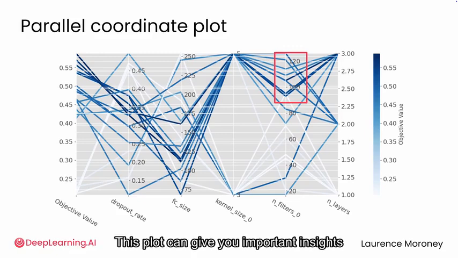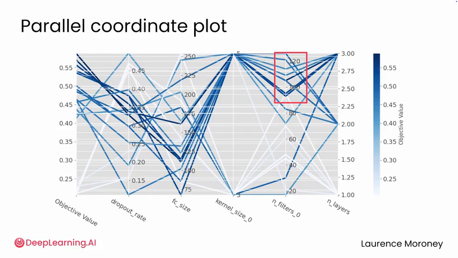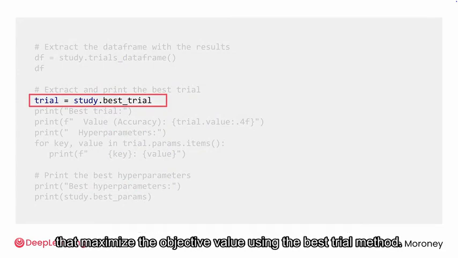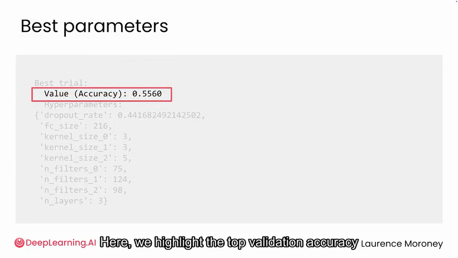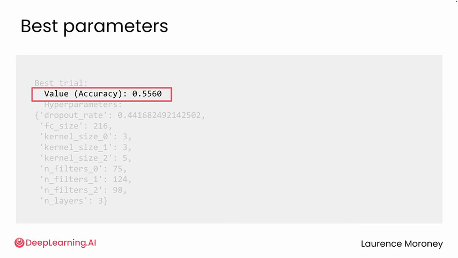This plot can give you important insights into the effects of interactions between hyperparameters. When your Optuna study concludes, you can extract the optimal hyperparameter values that maximize the objective value using the best trial method. Here, we highlight the top validation accuracy with this combination of hyperparameter values as shown in the study output.